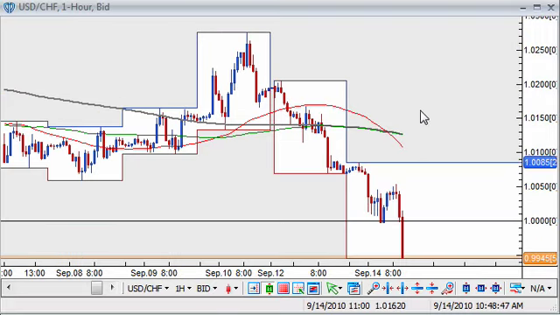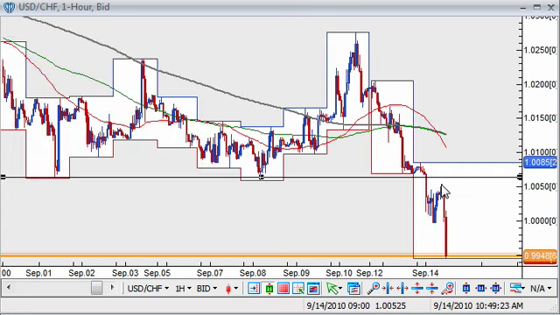Now, if we take a look at the US dollar Swiss franc pair, we see a very strong move in favor of the Swiss franc. First, we tested parity in the overnight trading session, and now in New York trading, we've broken below that, and we see that the pair has moved down to 0.9950. So this is the first time that this pair has moved below parity since December.